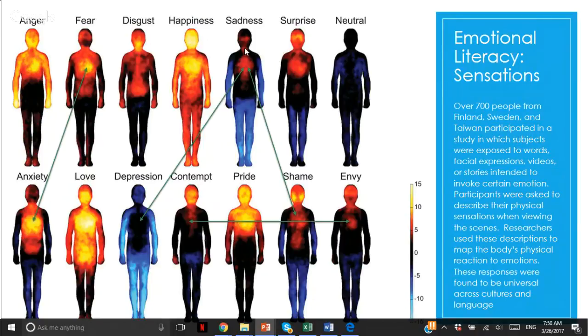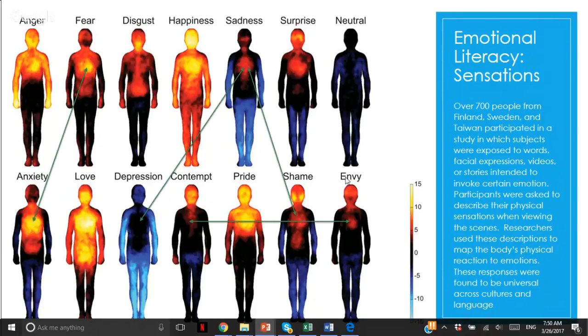Then let's look at this one. So we have sadness, and we've got shame. Sadness is more of a basic emotion, while depression is much worse than sadness. So you see where we had a little bit of intensity here.